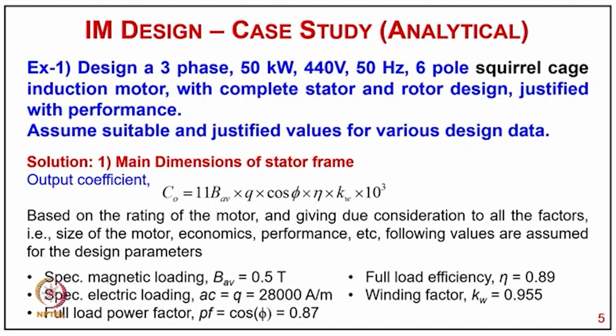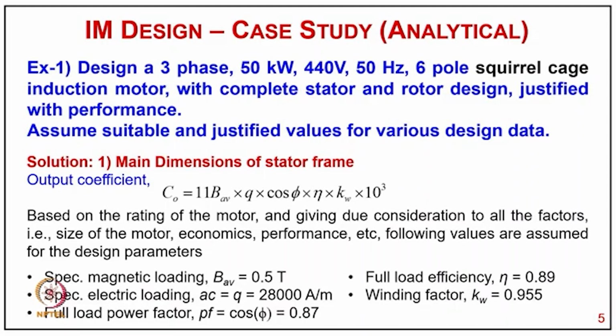Starting with part 1 of the solution, first we talk about the main dimensions of the stator frame. For that we have the output equation, C0 equal to 11 B average into q into cos phi into eta into 10 power minus 3.